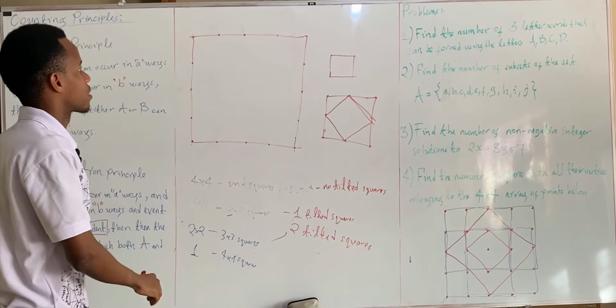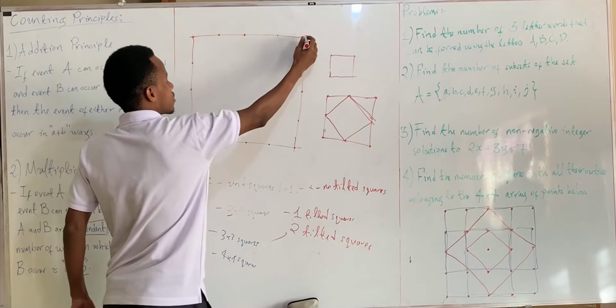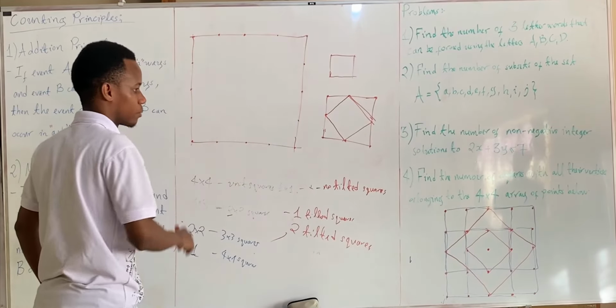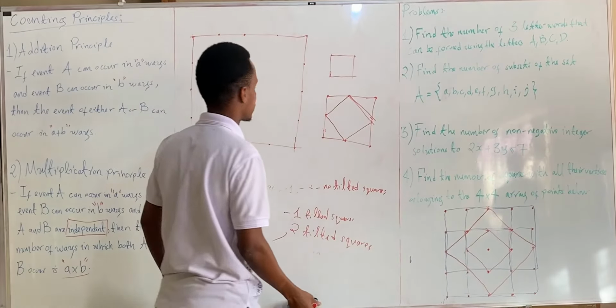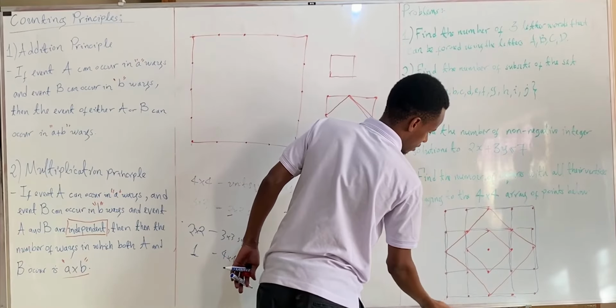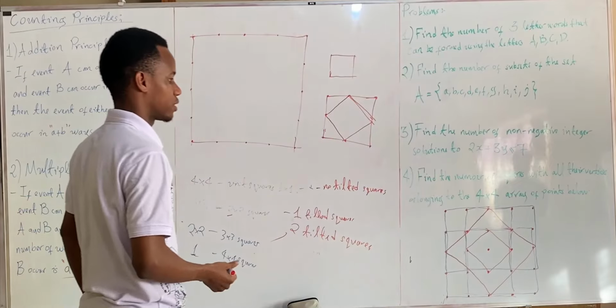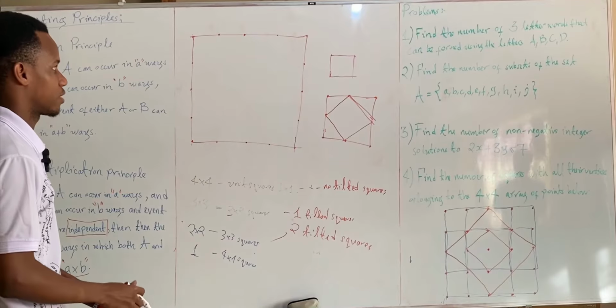So this is what a 4 by 4 square will look like, which is exactly the largest square which can be contained in that configuration of points.